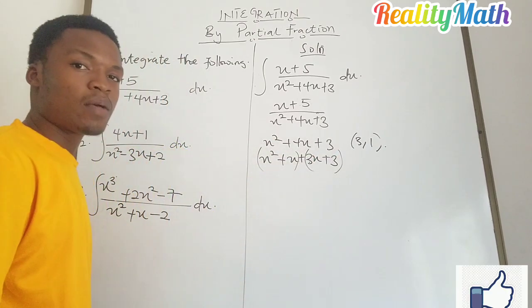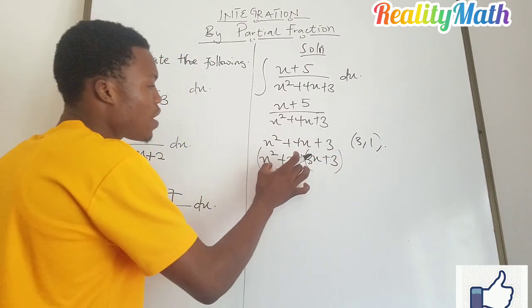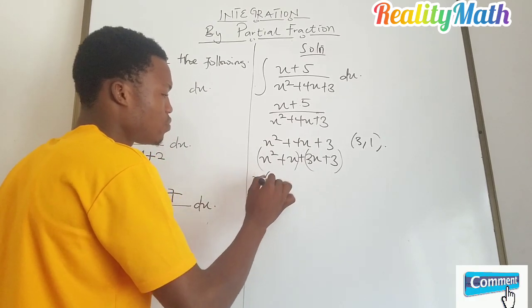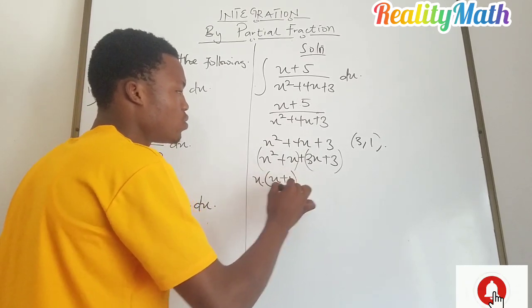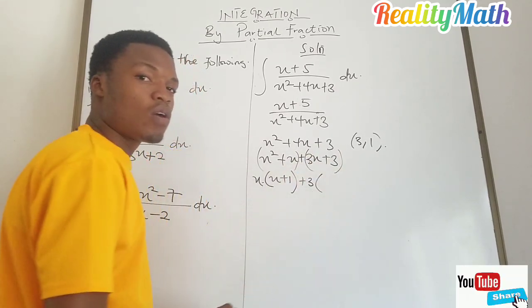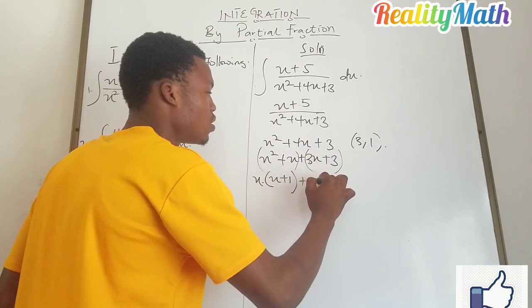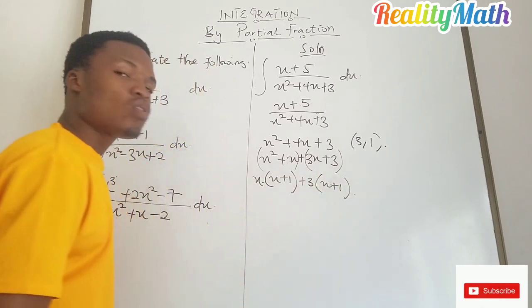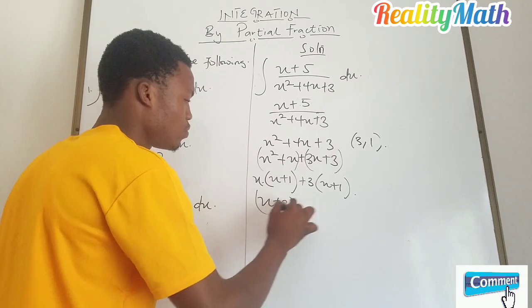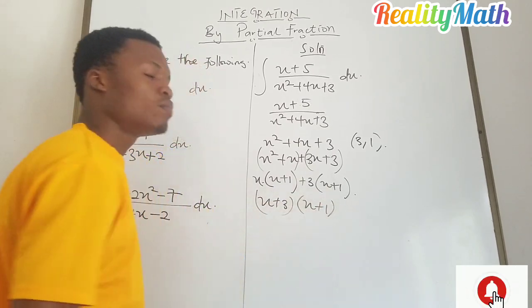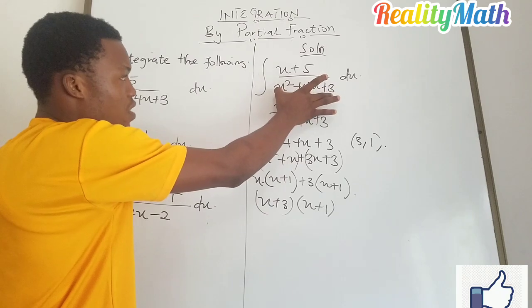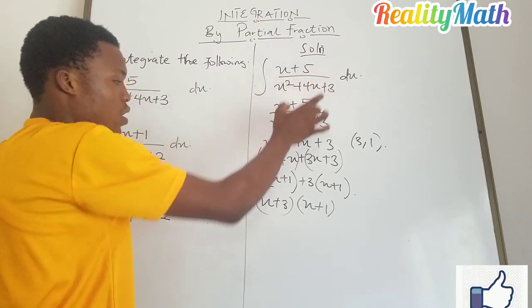In the first group, we can factor out x, and we have x times x plus 3. In the second group we factor out 1, so we have x plus 3. So we now have x plus 3, x plus 1. This means we can re-simplify the whole denominator into this form.